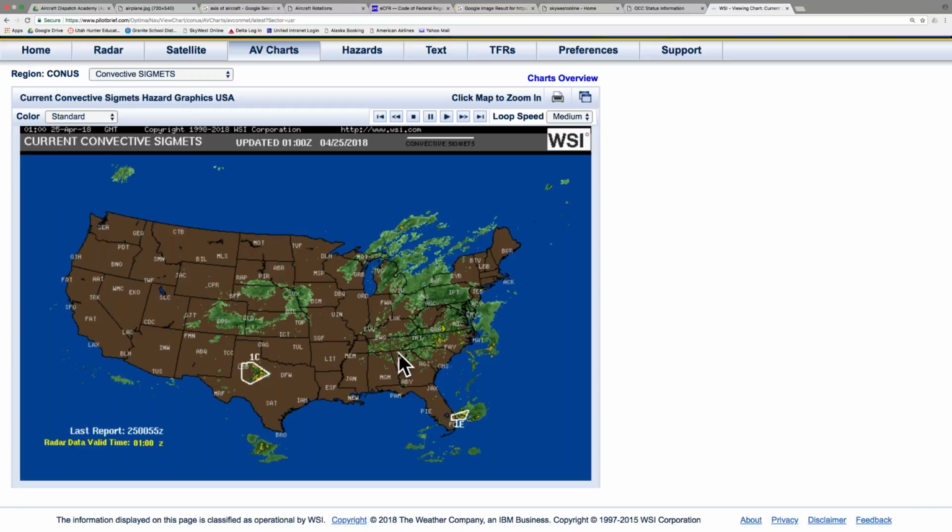It means the air is rising really rapidly in those areas. So when we talk about convective thunderstorms, we want to be extremely careful flying through those areas, because how rapidly the air is rising can really do a lot of damage to the aircraft if they're not careful.